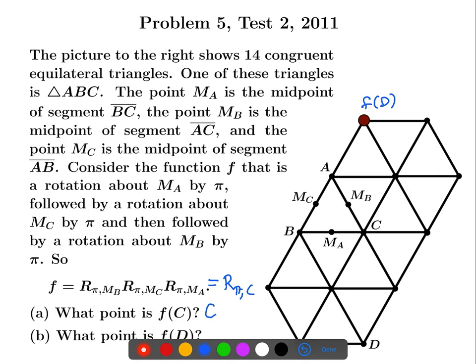So that's f of D in this problem. So this D will rotate around C by pi and end up here. And again, that's the same thing as taking D and going through all these rotations. You should end up here, but everything stays in the picture if you just use that this f is the same thing as a rotation around C by pi. So that finishes this problem, and that'll finish my lecture.